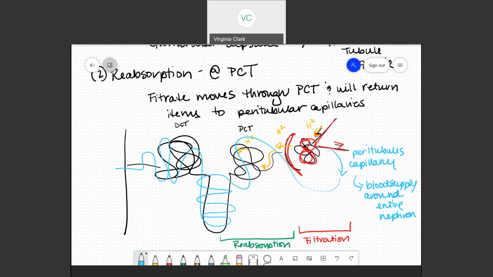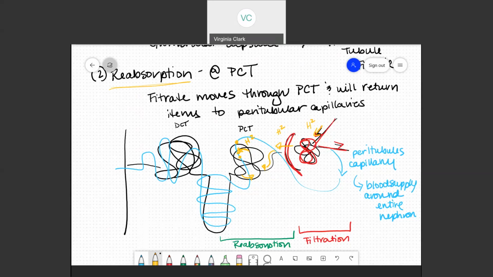So when we're saying that the filtrate moves through the PCT here, and it will return items to the peritubular capillaries, we have this hydrogen ion in our PCT, but wait, we don't need it. You can actually put it back into your peritubular capillaries. So you are essentially first filtering things out of your capillaries, and then you may need to reabsorb them back into your capillaries.